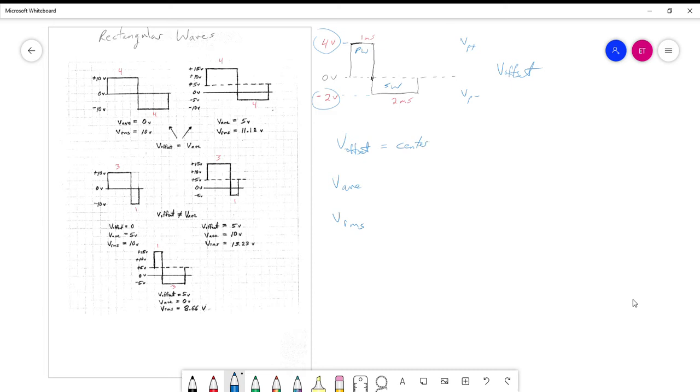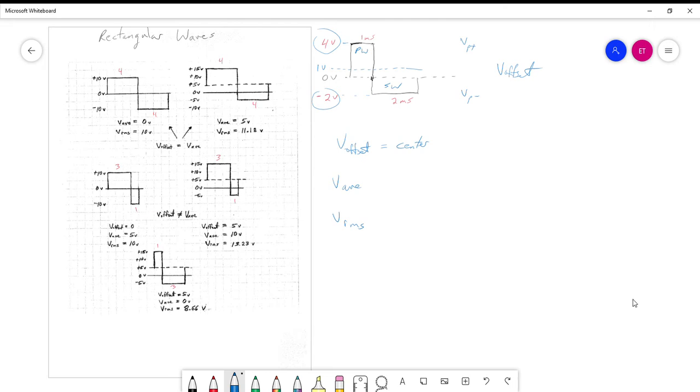If one peaks at 4 volts and the other peaks at -2, the center of this waveform, what do you think? Equidistant from either peak. Looks like 1 volt, right? 1 volt would be right down the middle. So we would say that we have 1 volt of offset in this waveform.